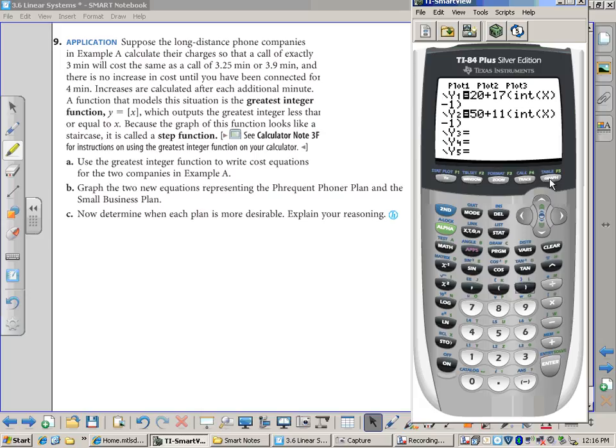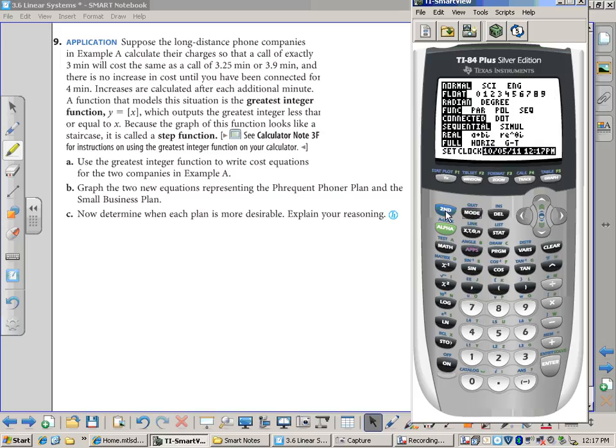When we go back to graph, you're going to see a much different set of graphs. Instead of a nice smooth line, it's going to be steps. Boom, boom, boom, going up the scale. Okay, my calculator did a pretty good job of graphing that. Your calculator may be graphing that as a sort of a solid set of stairs that are connected.